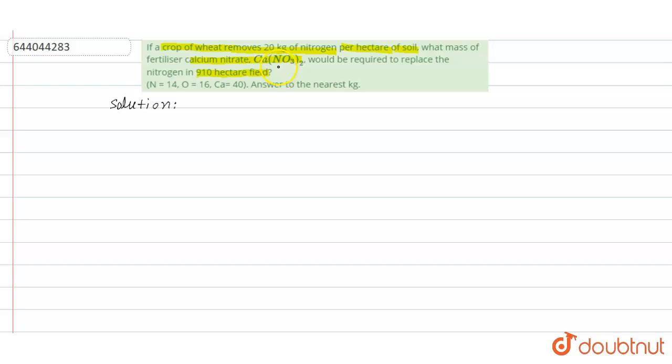A crop of wheat removes 20 kg of nitrogen per hectare.